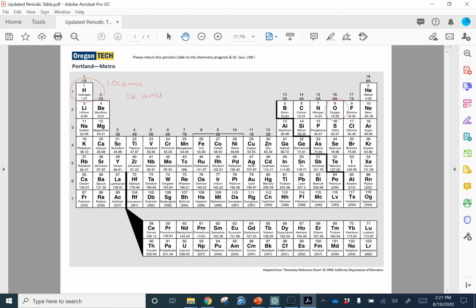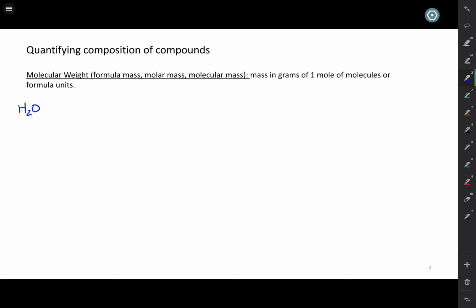And remember that our AMUs are different units than our grams per mole, but the values are going to be the same. So if we have 1 mole of hydrogen, it's going to be 1.01 grams, and if we have 1 mole of oxygen, it's going to be 16 grams. We can use that, and we'll take that back here.